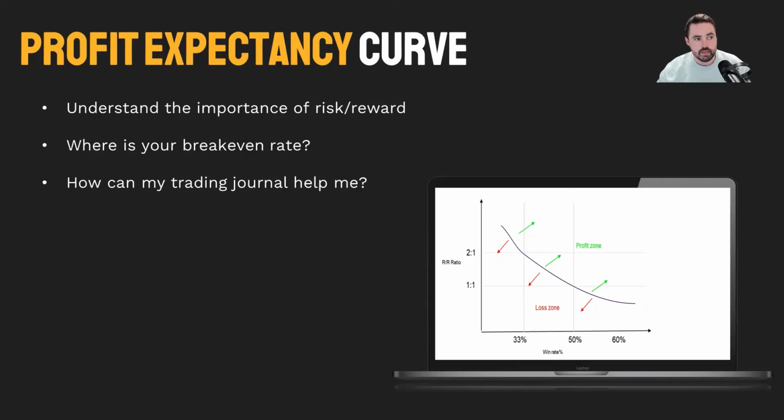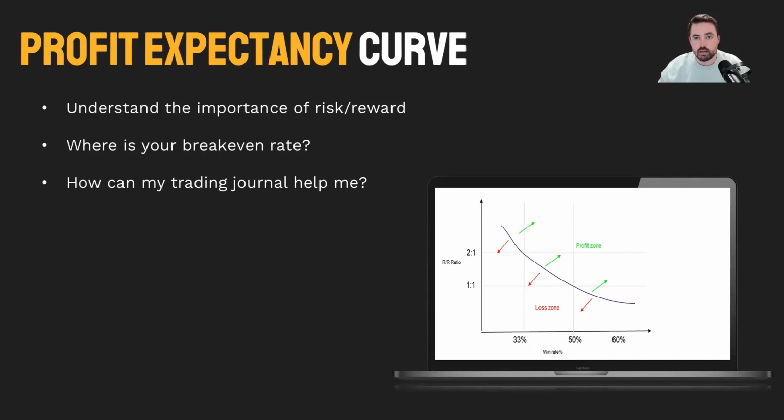Now, onto the profit expectancy curve. For those watching on YouTube, there's a little bit of a diagram, but I'll also explain it. It's very important for us to understand risk reward and also know where our break-even rate is. As the risk reward goes lower, the win rate has to go higher.